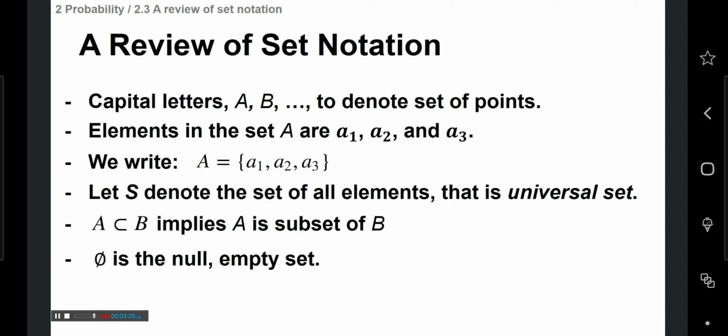Okay, and chapter 2.3 is a review of set notation. The reason we need set theory is that when we are describing probability, we are putting probability on sets.